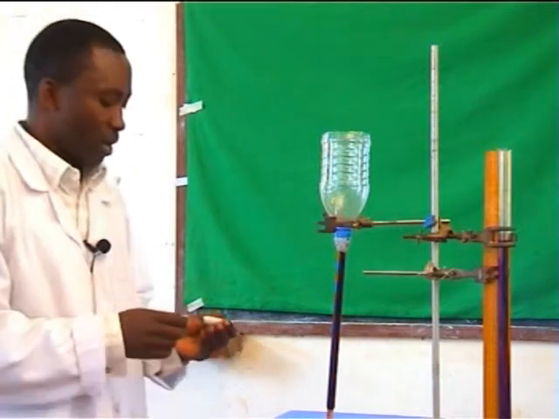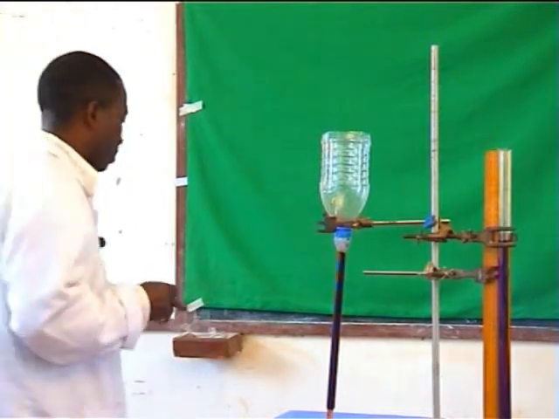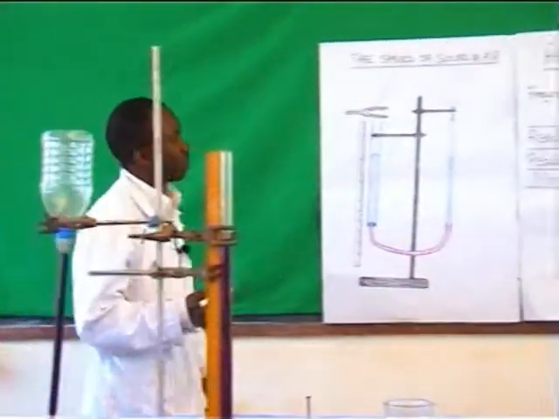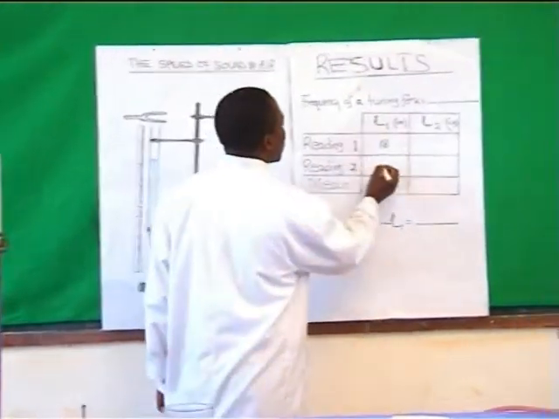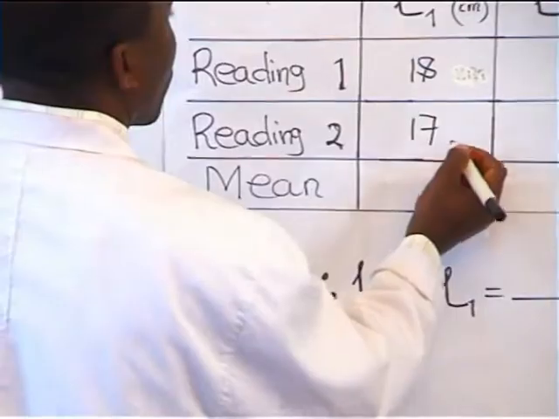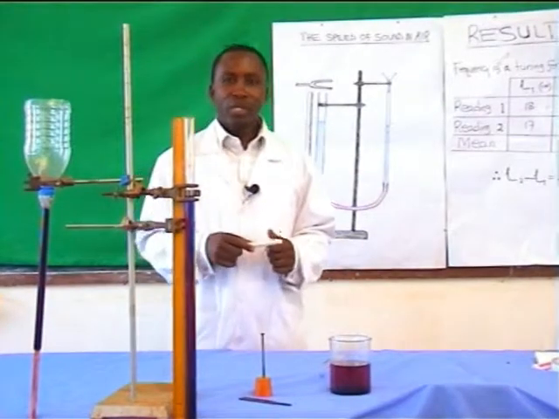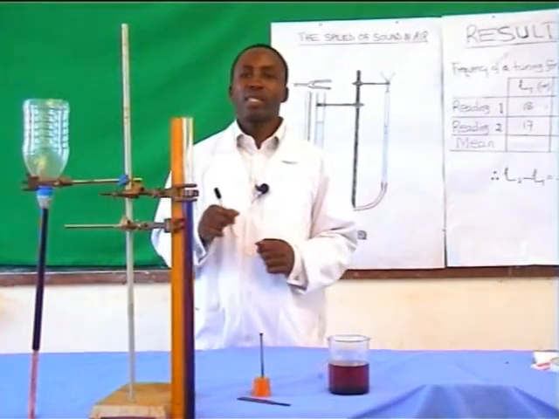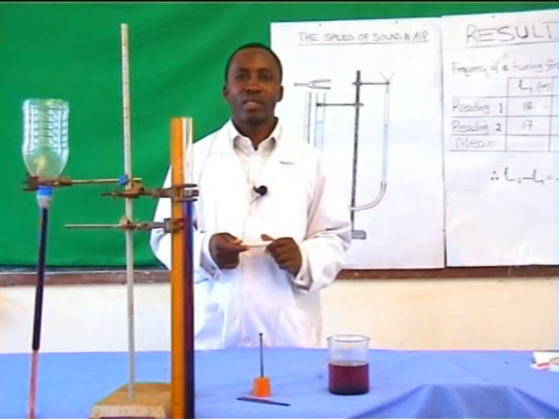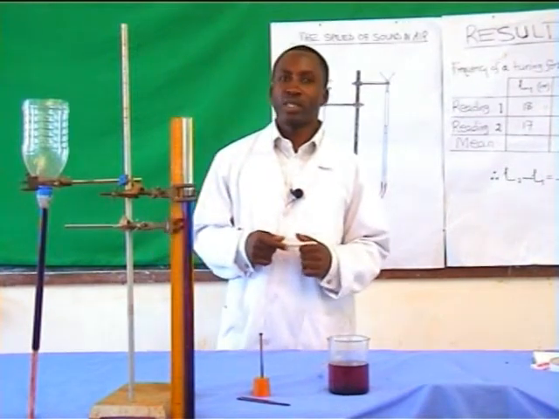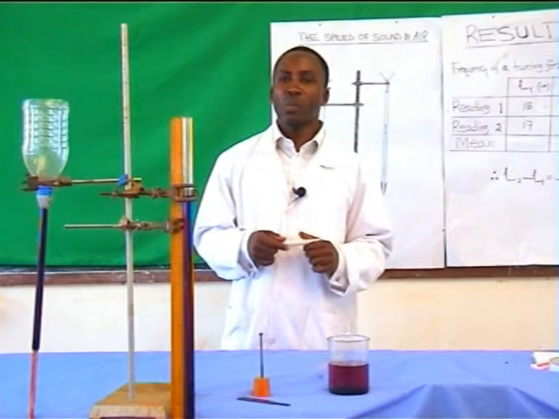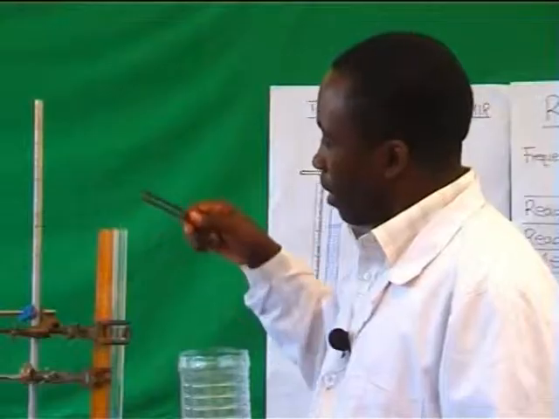Record this value and find the mean. Repeat this procedure so that you get the second resonance. Again, do it twice and find the average so as to minimize the error.